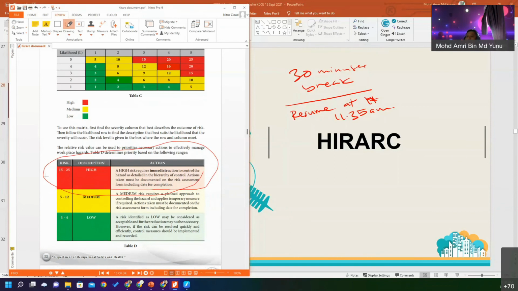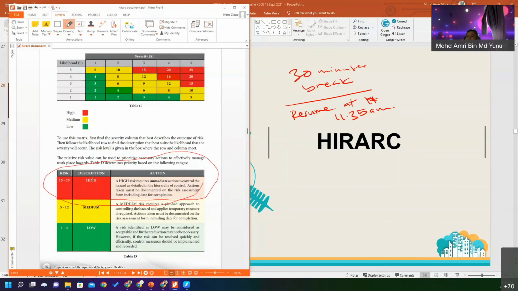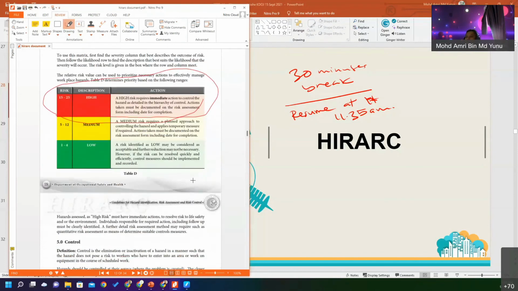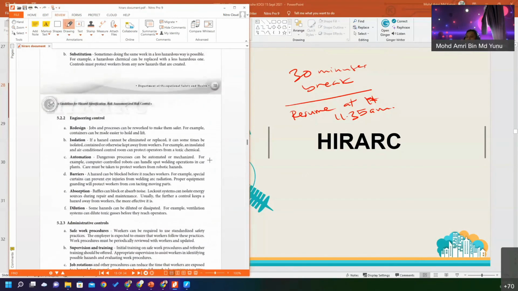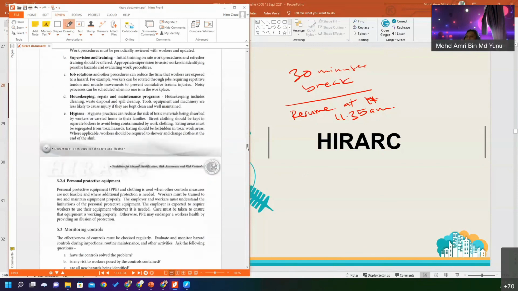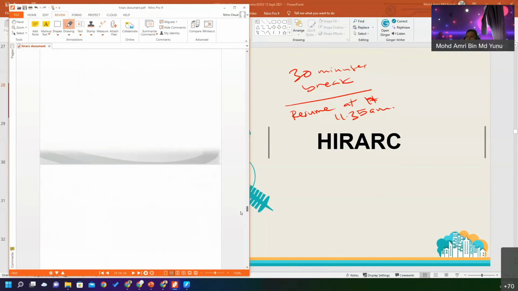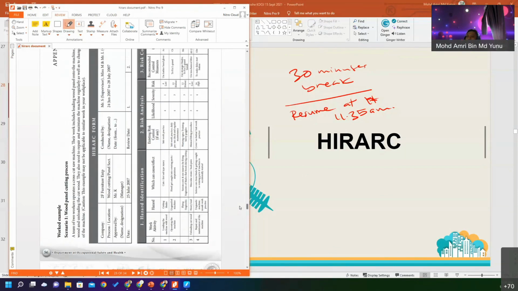And also the control measure depends on the description or the value we get. And to write down everything, there's supposed to be a table. Yeah, this is a basic table.